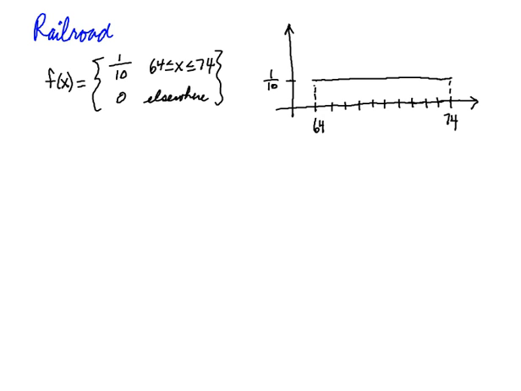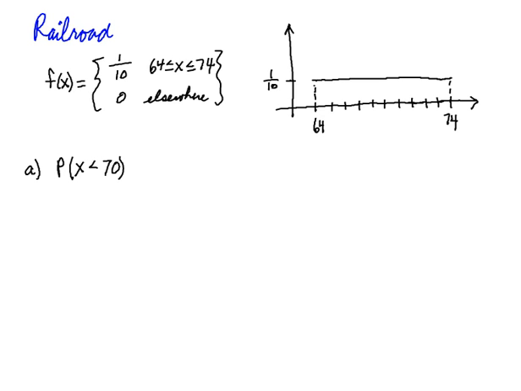Now, to work on our first question, finding the probability that the commuting time will be less than 70 minutes, that's A. Probability that the random variable x is less than 70 minutes. The probability is the area under the density function above the interval.